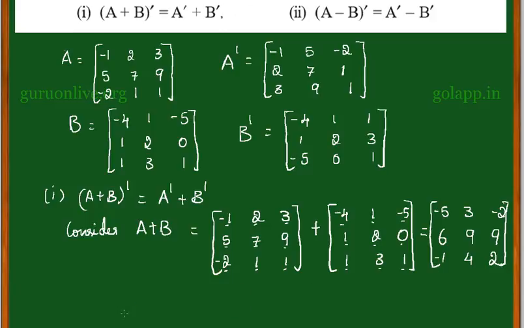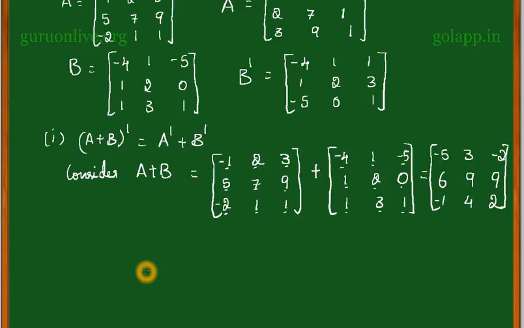This is the sum of two matrices. So in LHS we have (A + B) whole transpose. So we have found A plus B. Let me take the transpose of it. So we know the A plus B matrix. Take the transpose of it. So we have to interchange the rows and columns. Your first column becomes your first row.